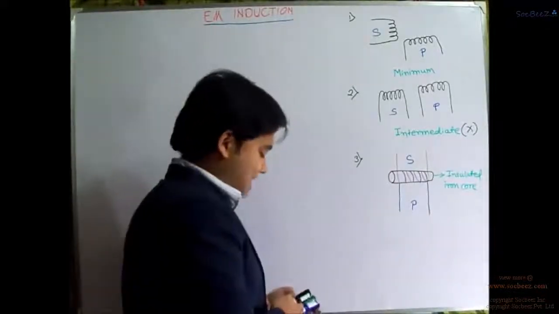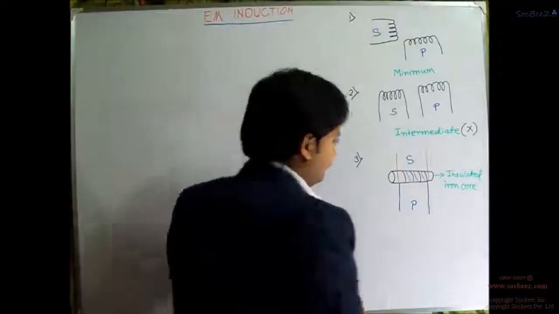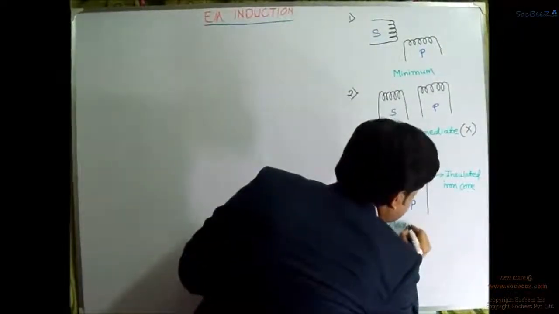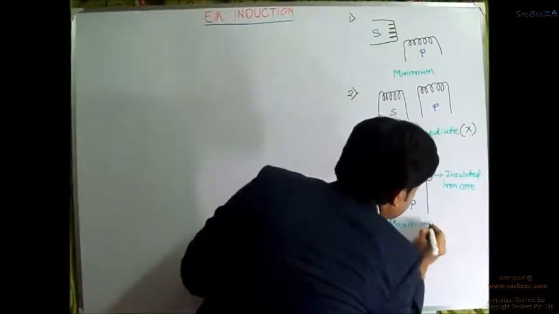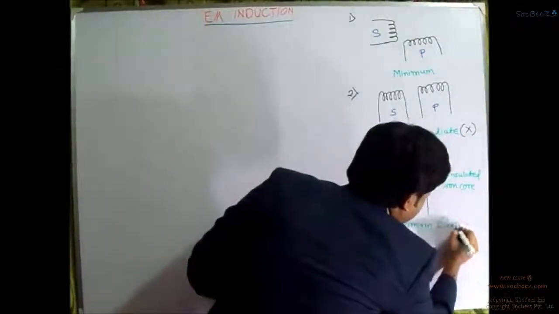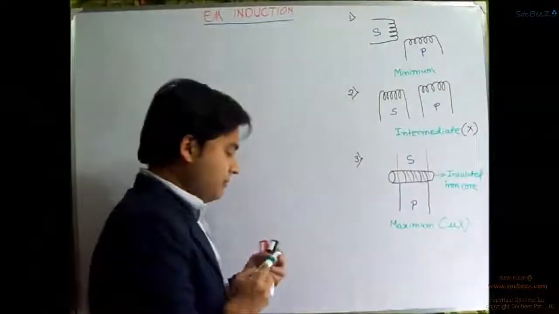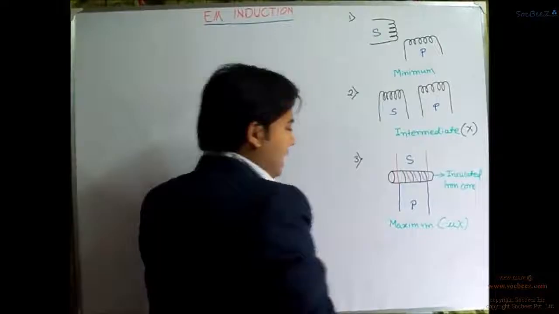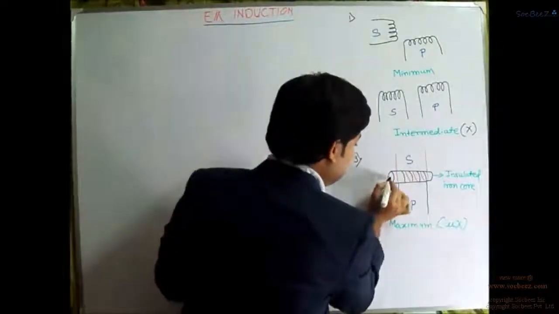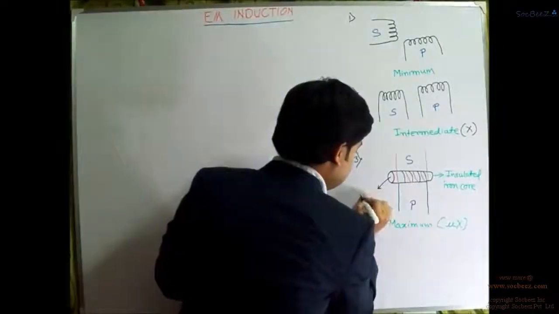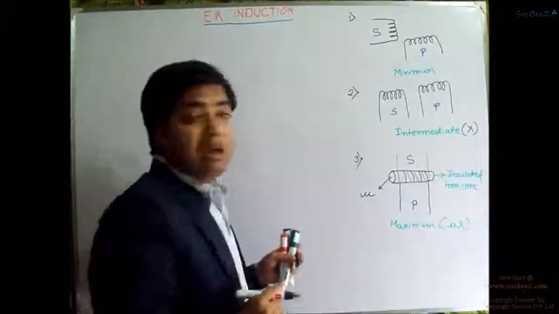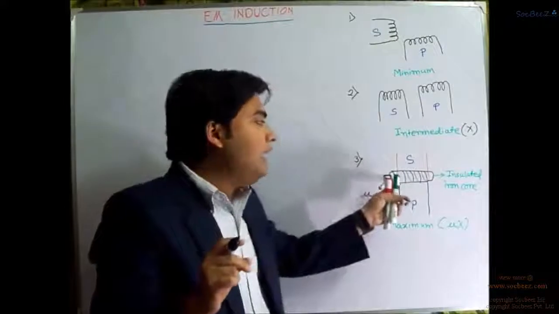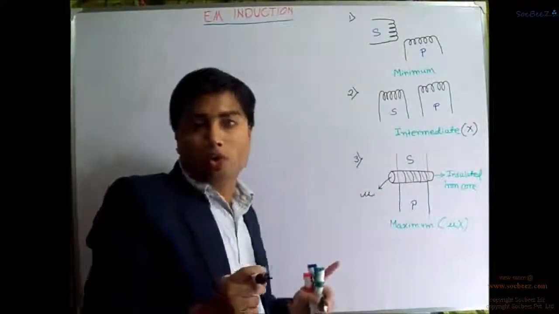This will be the maximum value, which is equal to mu multiplied by X, where mu is the permeability of the medium, the iron core.